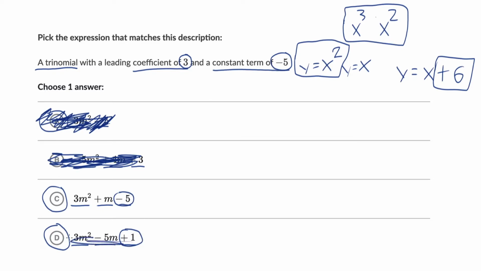So obviously D cannot be the answer because the constants don't match what the problem's asking. So we know C is the right answer, okay? That's a check mark. We can even box it. So C is the right answer. This is what it's looking for: a leading coefficient of 3 and a constant term of -5 right here, okay? So pretty good. Let's move on to another problem and see if we can do it.